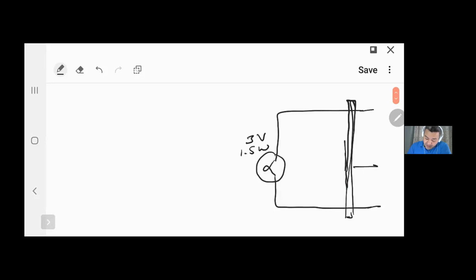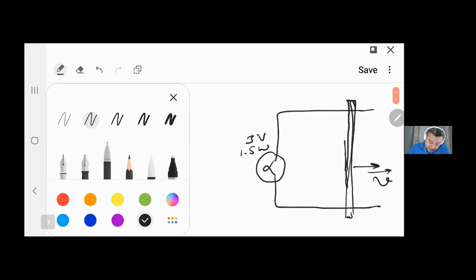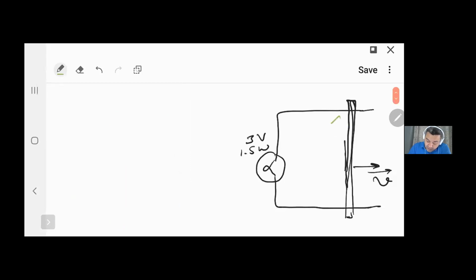This bar has been pushed to the right in this direction. I have the magnetic field pointing into the page, as you can see. Uniform magnetic field.